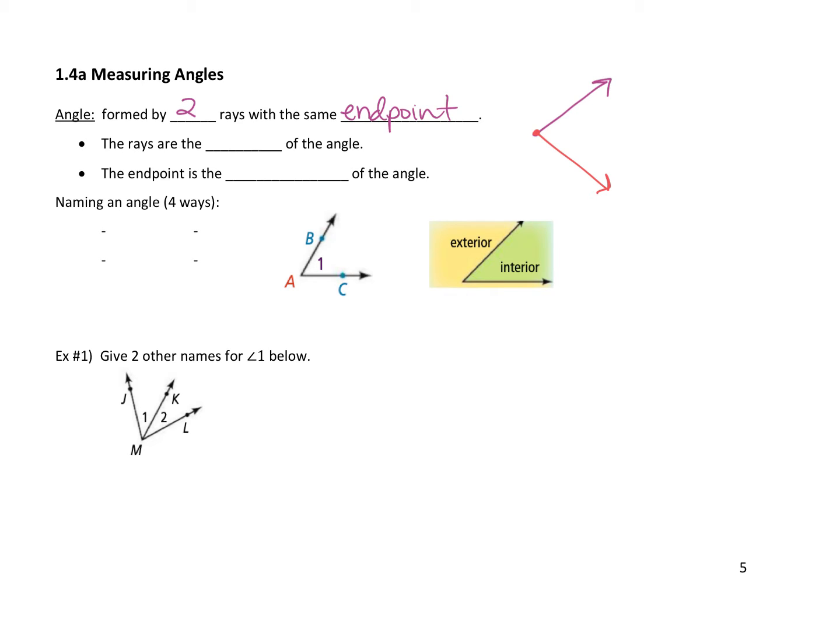So this is my angle. This here represents my angle. It's that space in between, if you will. But we say the rays are the sides of the angle. So these are the sides, a ray here and a ray here.